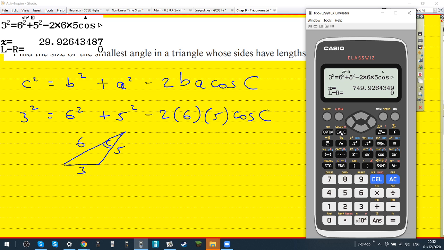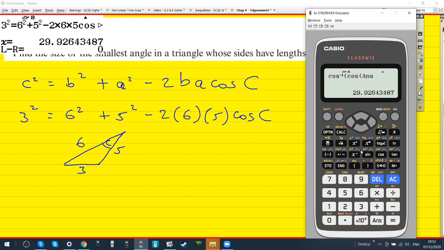There's a little way I discovered to get out of this. So we did cos. You can do cos, shift cos, and so those two cancel each other out. And just put in the answer. And that gets you the math error. Other way around. Shift cos, cos, answer.